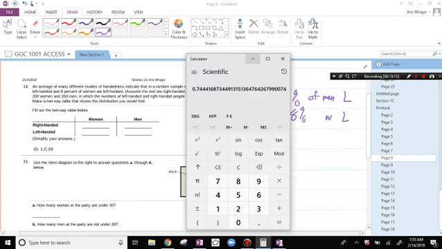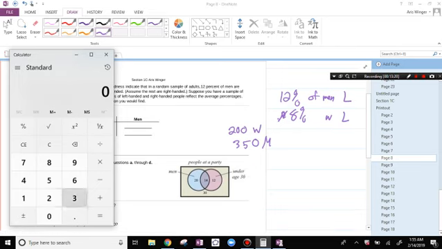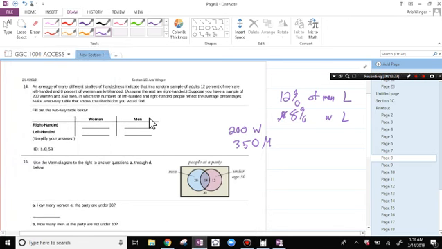All right, there we go. 8% of 200. All right, so there's 16 left-handed women. There are 200 women total, so that means there's 184 right-handed women to get up to 200.